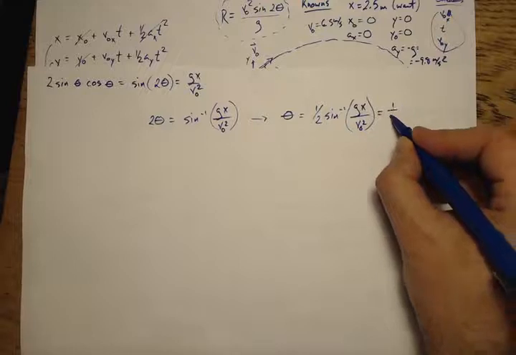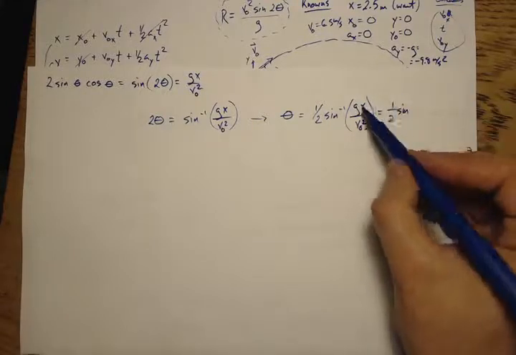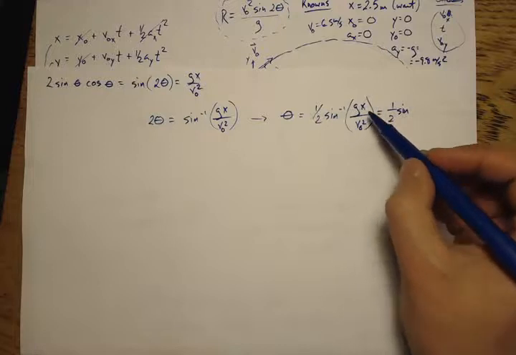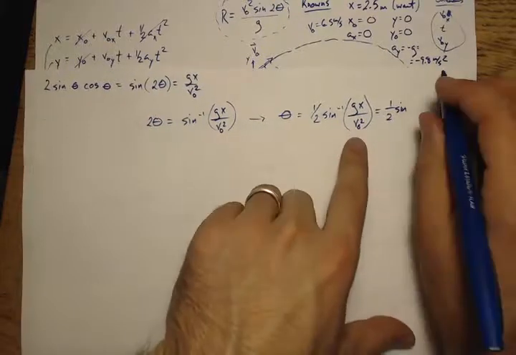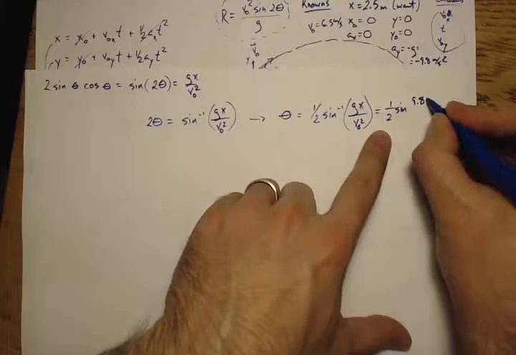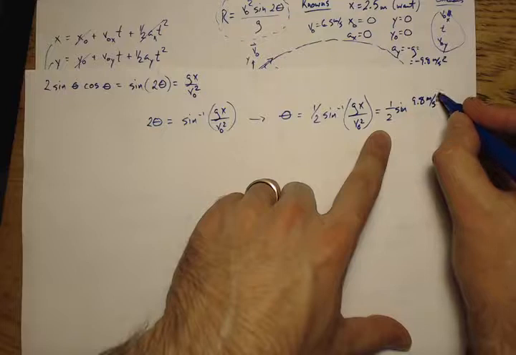What you might do already is, anytime you take a sine or an inverse sine of something, this can't have any units. So we could go ahead and check our work. So 9.8 meters per second squared. X is 2.5 meters.